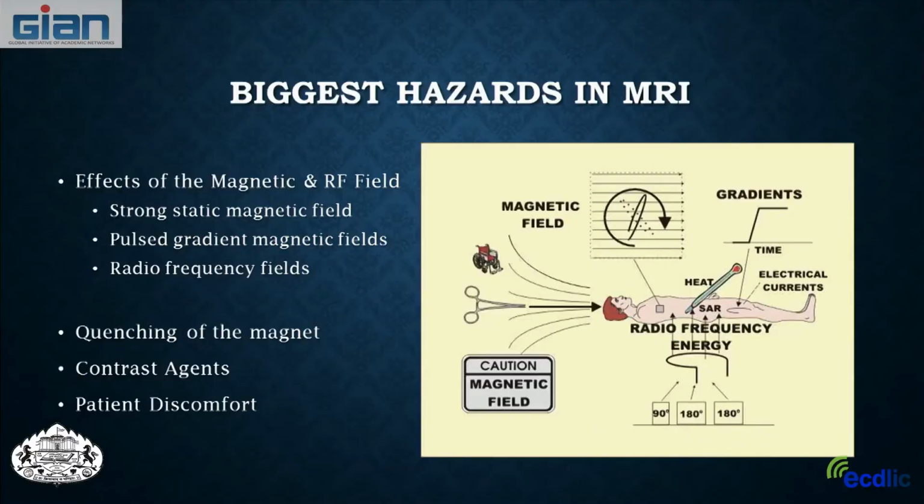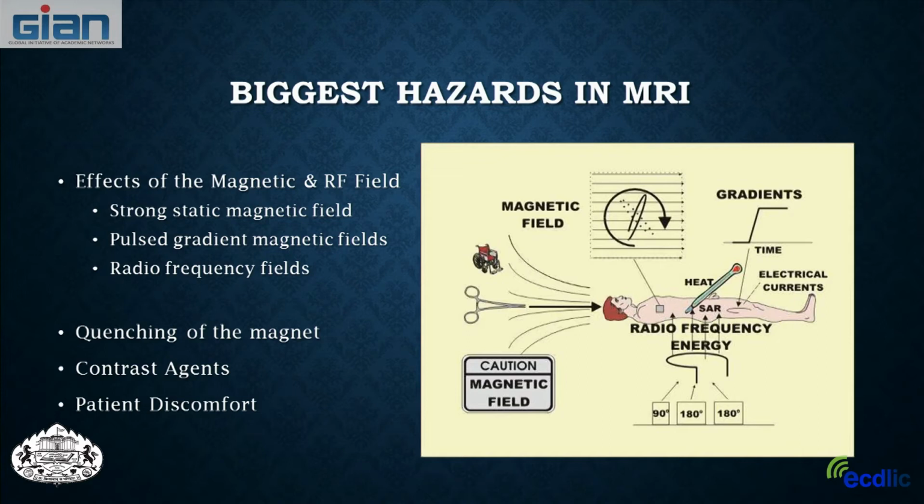The biggest hazards in an MRI machine are, one, the effects of the magnetic and the RF field. So we have this strong static magnetic field. This is our B0 field, going anywhere from 1.5 Teslas to as much as, we use 3 Teslas, but you can go to 7 Teslas, and people are pushing for stronger and stronger magnets all the time.